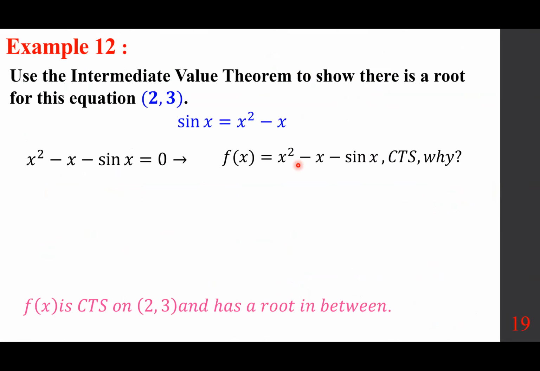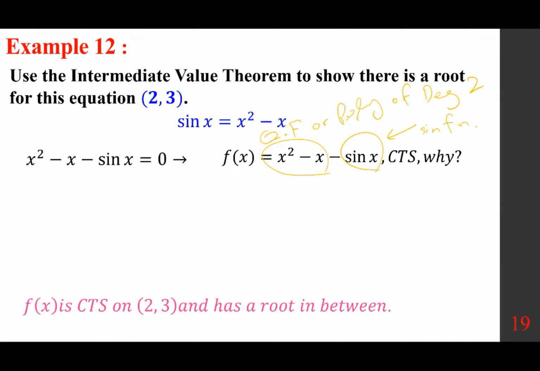Now, this function is continuous. Why is that? This is a combination of a polynomial of degree 2. This is a quadratic function, or you can say polynomial of degree 2, and this is a sine function.